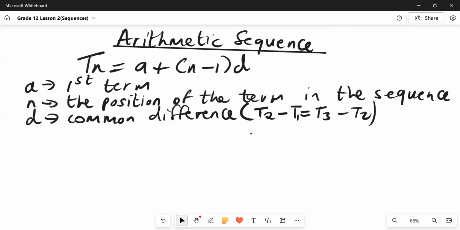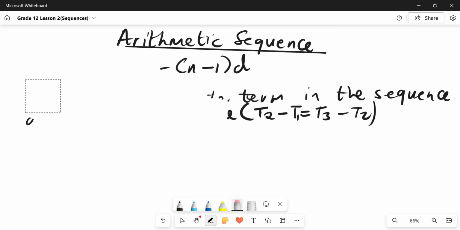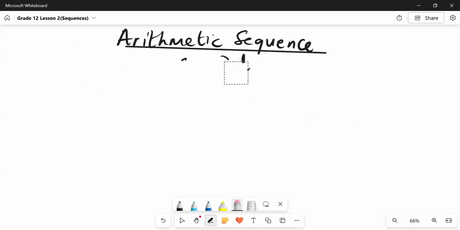And from there, that's when you can start looking for your general term, your n, your d, and so forth, answering those questions. Before we move further, I want to explain something really important. We'll use it at a later stage.